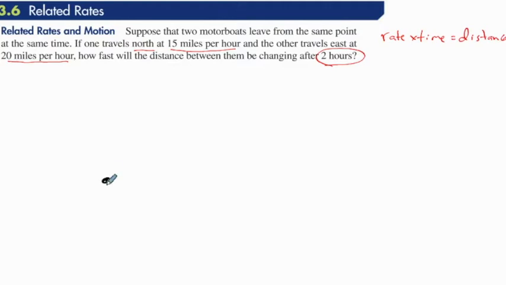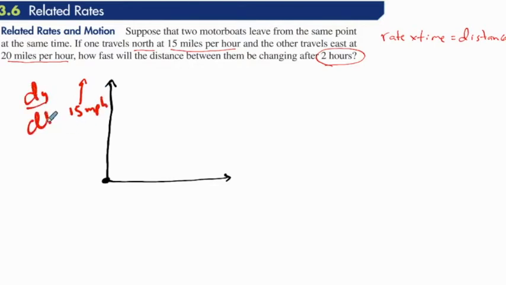If the two boats leave from the same point, one of them goes due north, the other one goes east, and the one traveling north is traveling at 15 miles per hour. Well, that is our dy/dt. And we have another one traveling east at 20 miles per hour. That is our dx/dt.